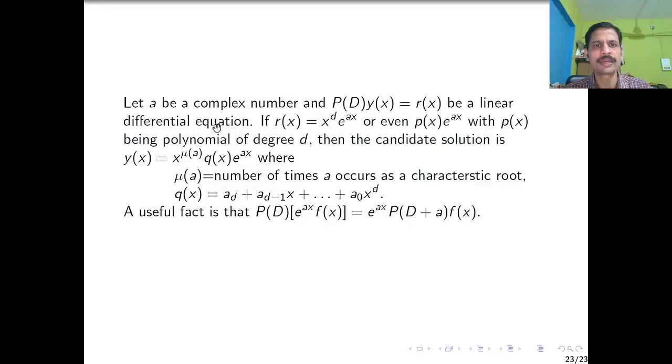One more remark about the method that we need to employ for undetermined coefficients.